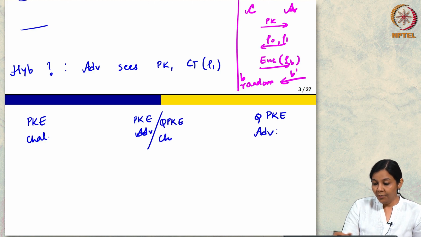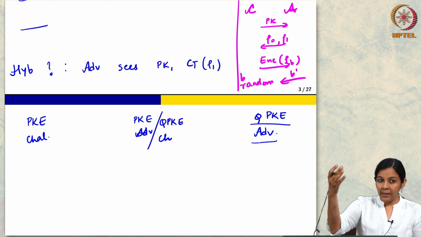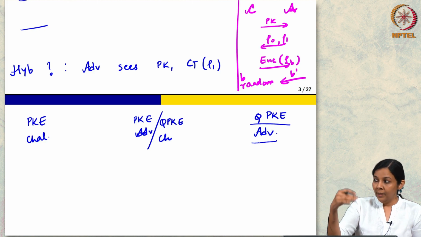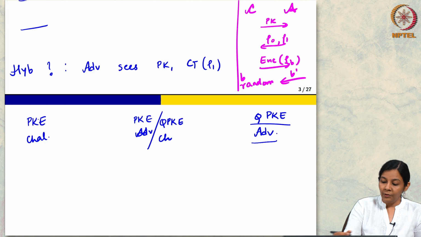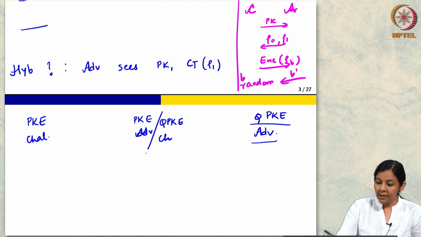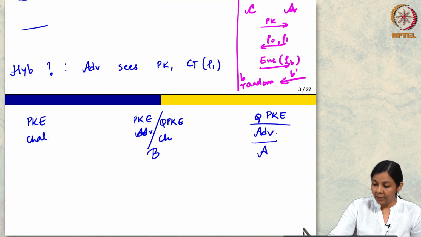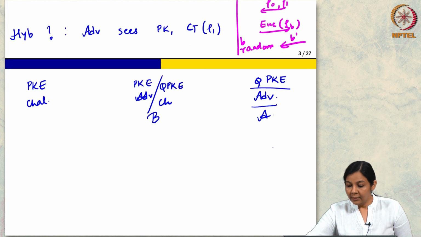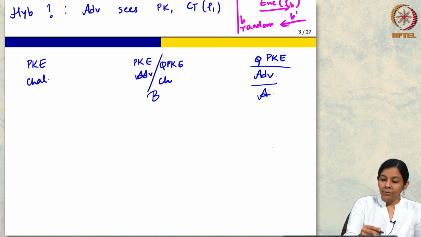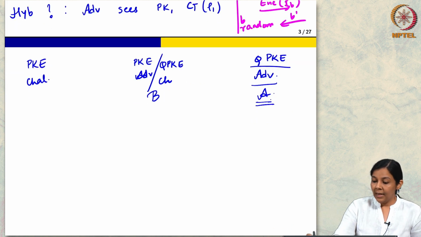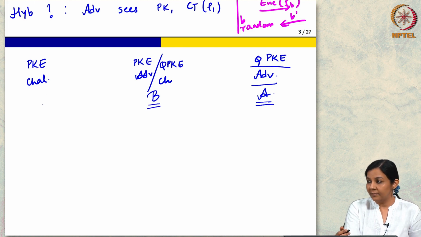So, I need to do a reduction which says that if there exists a Q PKE adversary who can distinguish between hybrid 0 and hybrid 1, then there exists a PKE adversary, let us call this B, let us call this A. I need to argue that if there exists an A, then there exists a B who will break the security of the PKE scheme.